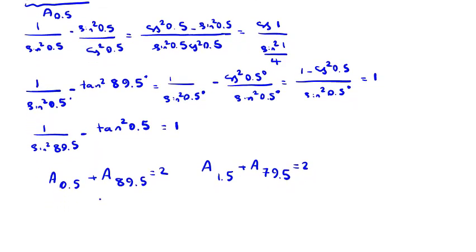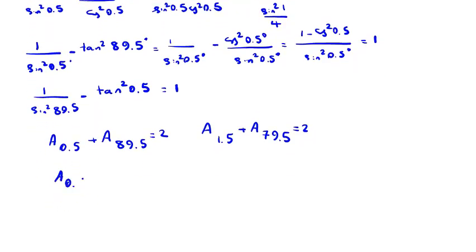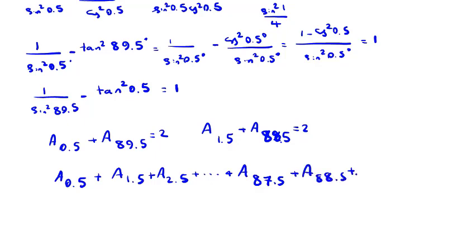So you conclude that, let me write this way, a 0.5, a 1.5, a 2.5, then, oh sorry, 88.5. So we can say a 0.5 plus a 1.5 up to a 88.5 plus a 89.5, for example, equals t.